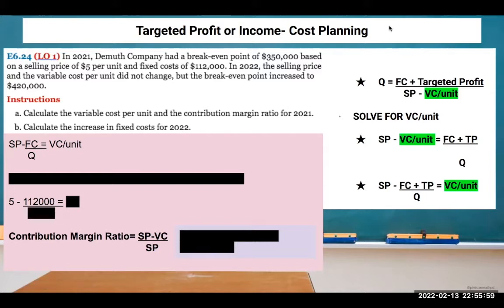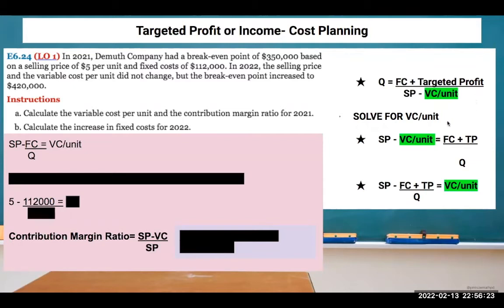Now we can see that the formula is selling price minus fixed cost divided by quantity is equal to our variable cost per unit. Now you can see what we did. We started off with this top formula here that helps us to find our break even.